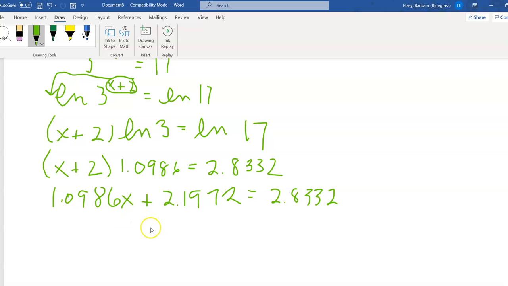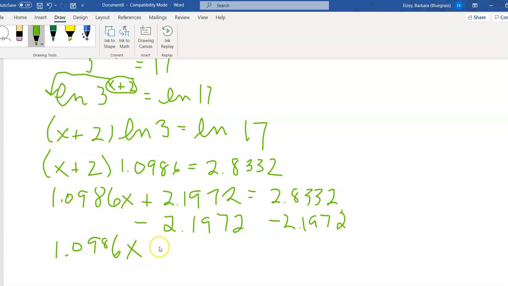All right, now let's just continue solving in the normal way. Let's subtract this value here from both sides. And we'll have left 1.0986x. And then whatever this is over here on the right, when we subtract these two, we end up with 0.636.